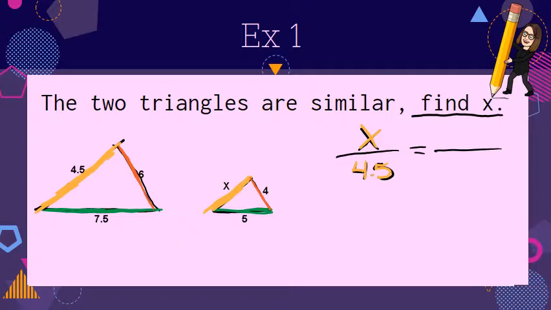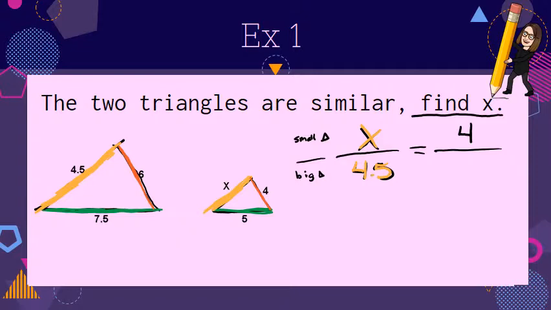Okay. Now I have to continue with a pattern here. Notice I did small triangle over big triangle. I need to continue that pattern. So what's a value on the small triangle? Another value would be 4.